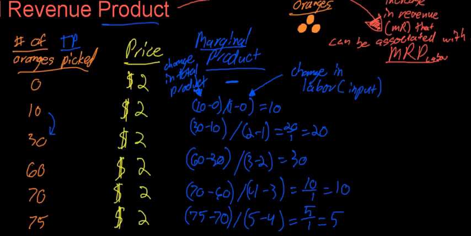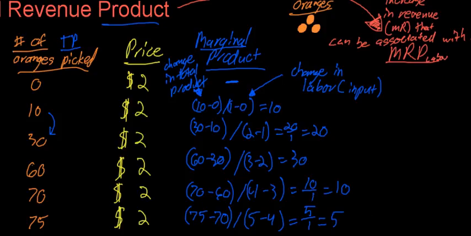And you can do this for any input, but in this example we're doing this for labor. So we could do this with having more fruit trees or for having more land. But in this video we're talking about picking oranges and the number of workers to hire. So we're holding all of the other inputs constant and we're just looking at the marginal revenue product of labor, so of hiring more workers.